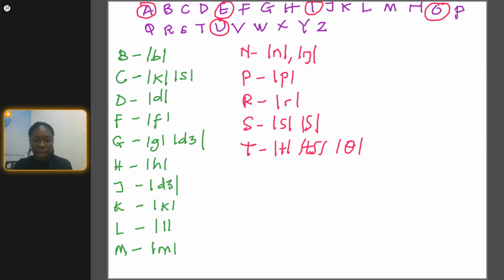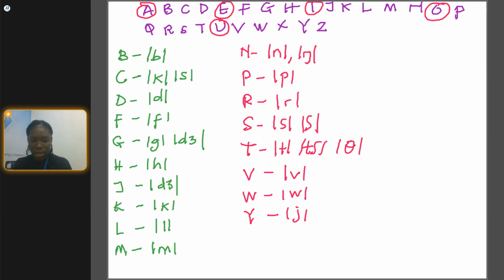Then we have letter V, giving us the V sound. Then we have letter W giving us the W sound. And then we have letter Y that gives us the J sound. Letter Y practically gives us the J sound.